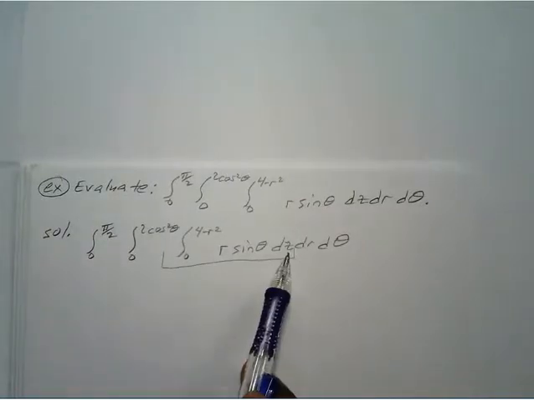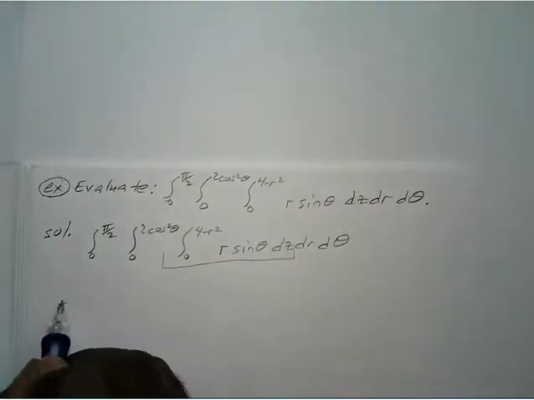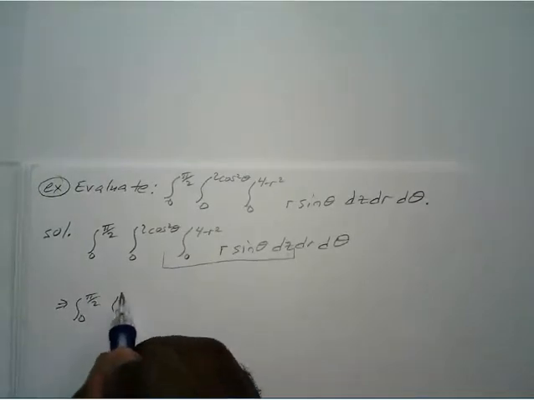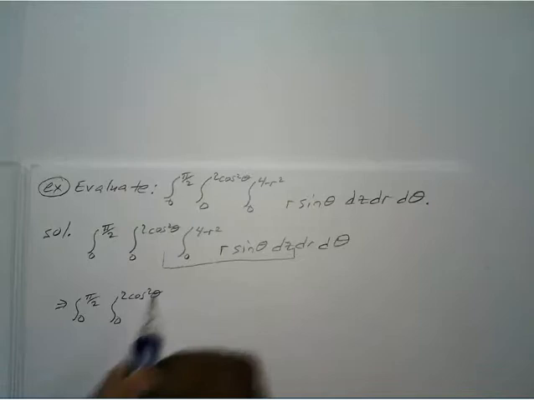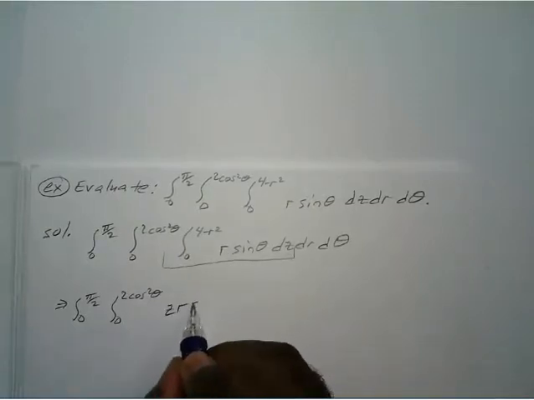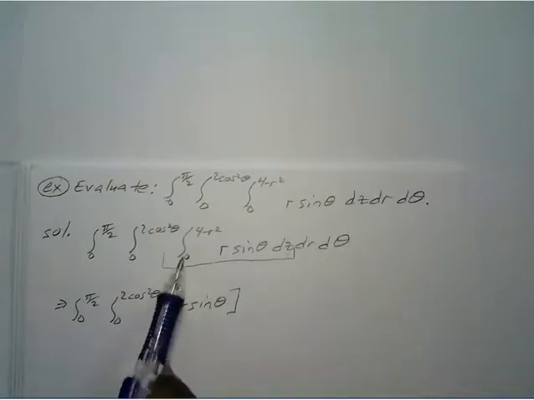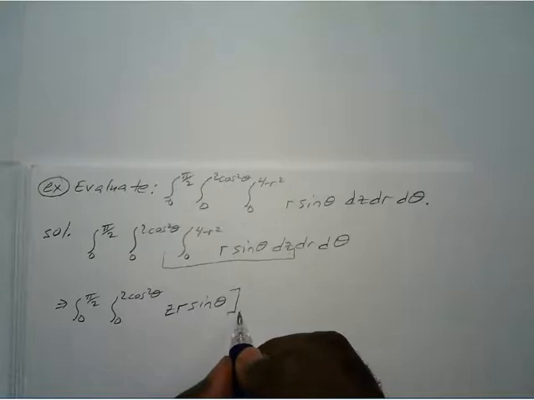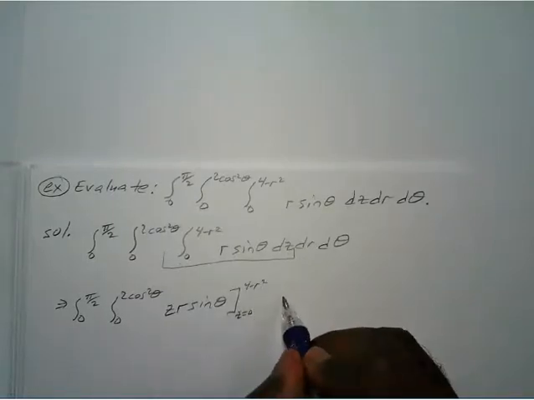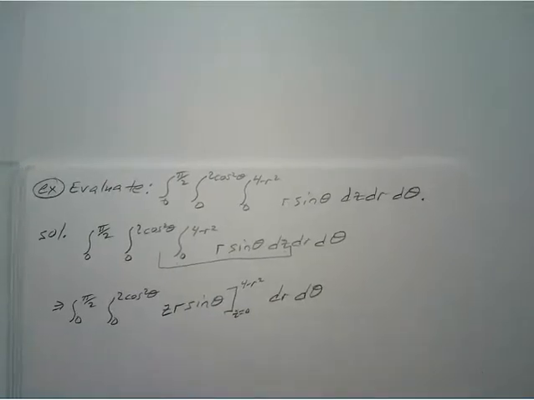Okay, with respect to z, remember all of that is treated as a constant, so we have z r sine of theta, going from z equals 0 to 4 minus r squared, and our dr and d theta.